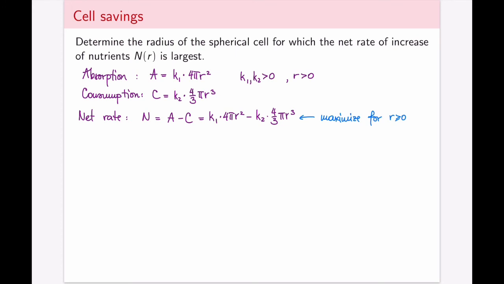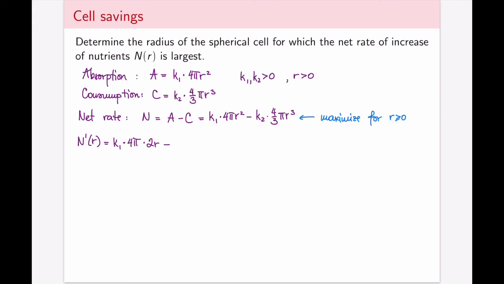So the first thing I'm going to do is find the derivative of my function and compute the critical points. Remembering that pi is a constant, k1 and k2 are constants, and my only actual variable is r, my derivative is going to be, let me write them in order, k1 times 4 pi, these are all of the constants within the first term, times the derivative of r squared, so 2r, minus, now I'm going to do the same here.